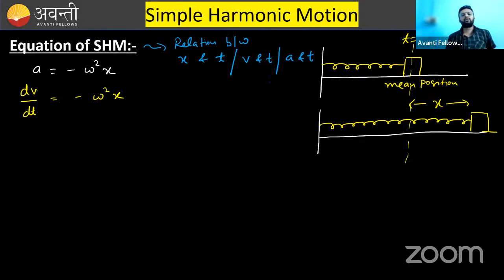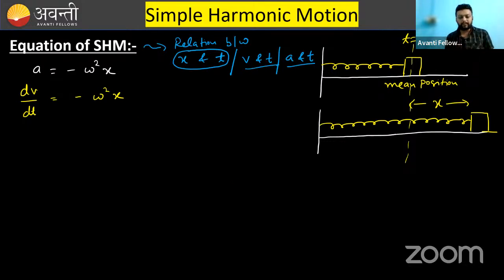In general, whenever you ask someone what is the equation of SHM, they will say that the relation between position and time is the equation of SHM. But in general, all these relations are equations of SHM.